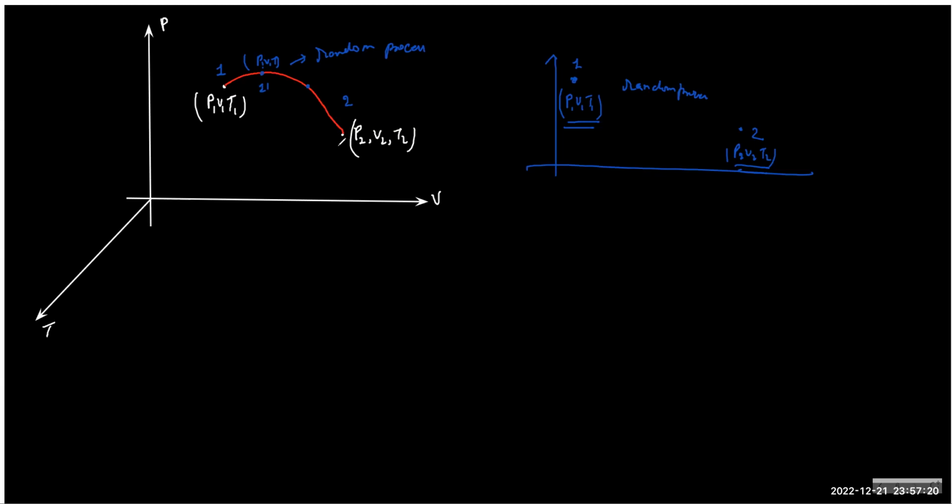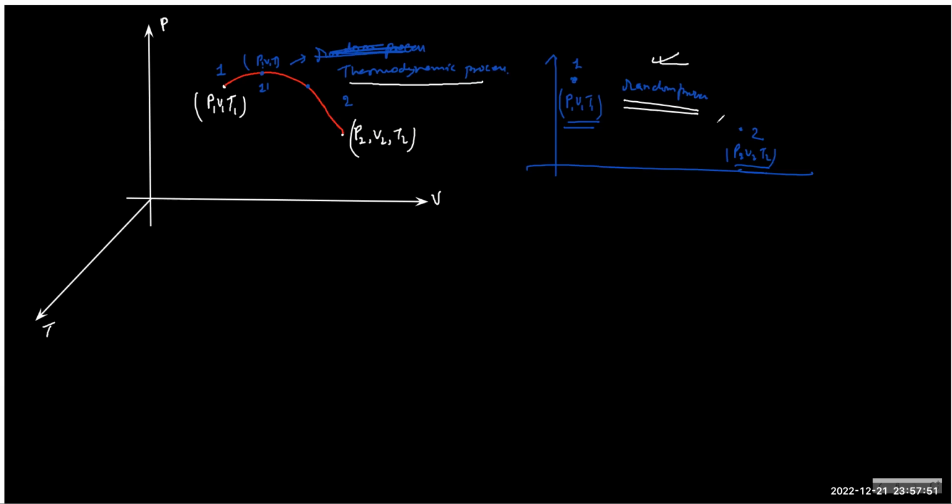When a process always maintains thermodynamic equilibrium, then we call it a thermodynamic process. So do you realize the difference between a thermodynamic and a random process? Yes, sir. Now, in real life, the random process is the most common.